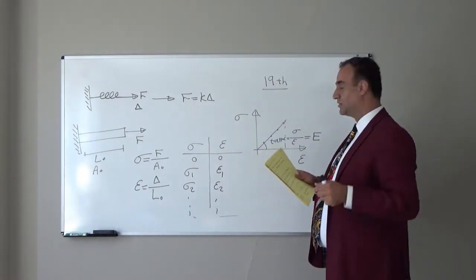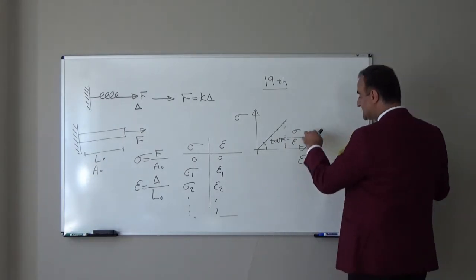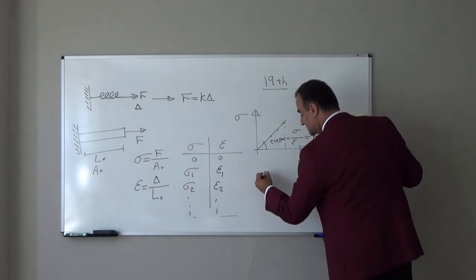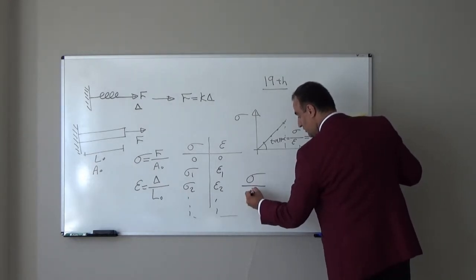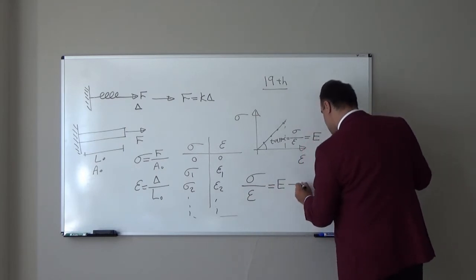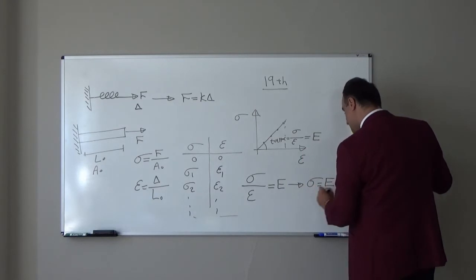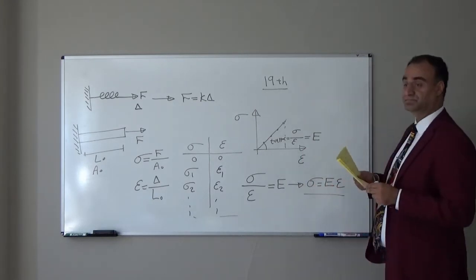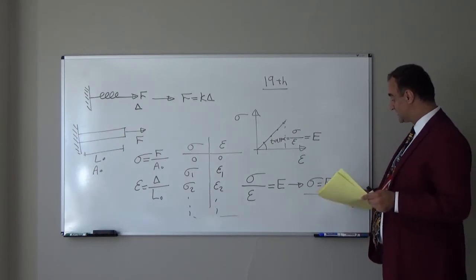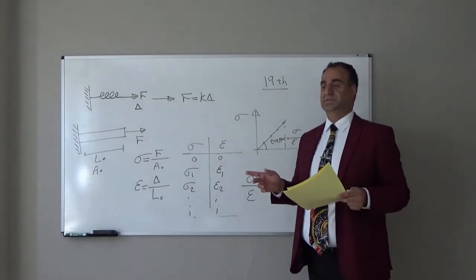It is good you read his life story, but because of him, this constant number here, we call it Young modulus. So sigma over epsilon is equal to E. From here, I can write sigma is equal to E times epsilon. So sigma is normal stress, epsilon is strain, and E is Young modulus.